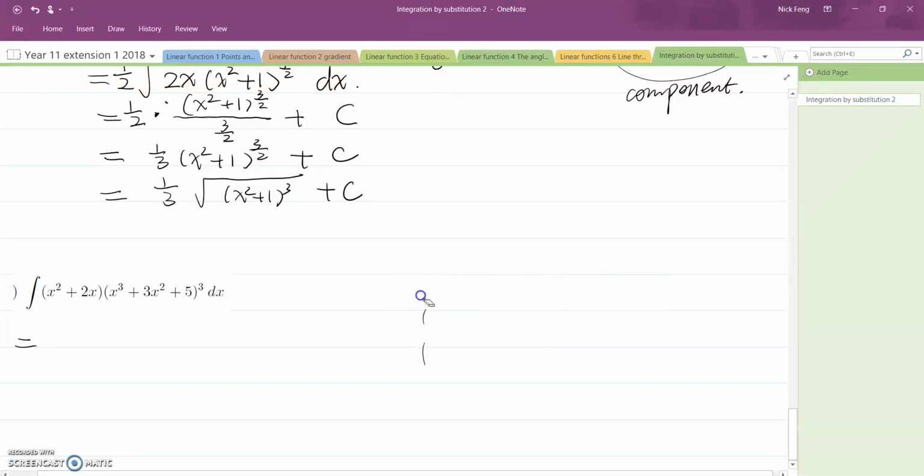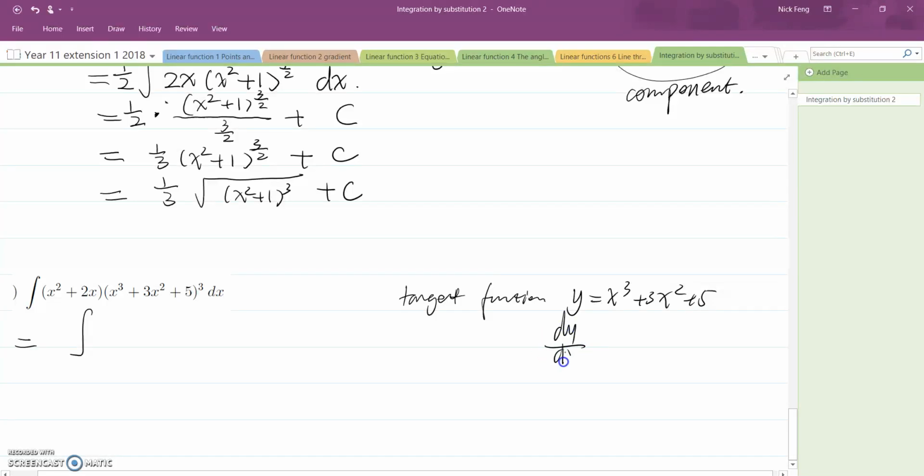I'll just go straight to reverse chain rule. So, if I do go straight to reverse chain rule, look at the target function. The target function here, in fact, is x cubed plus 3x squared plus 5.